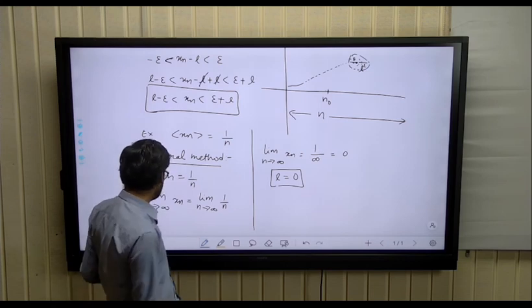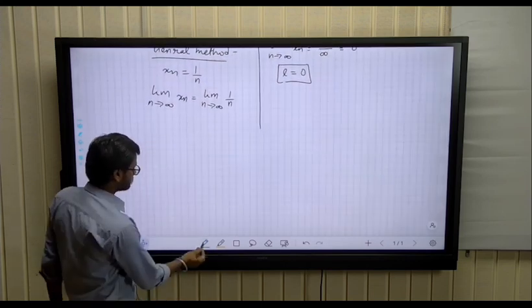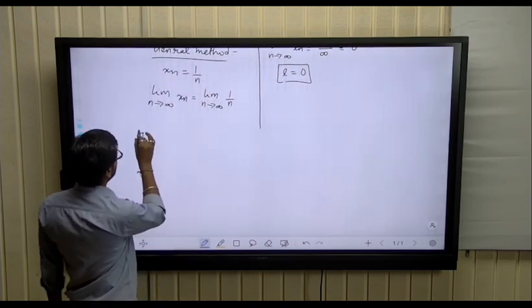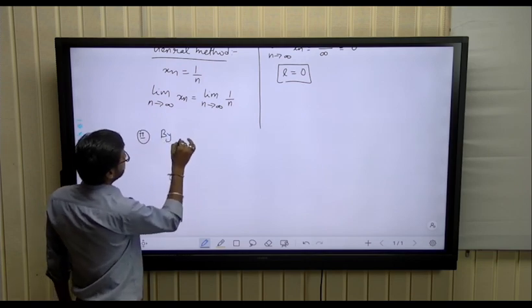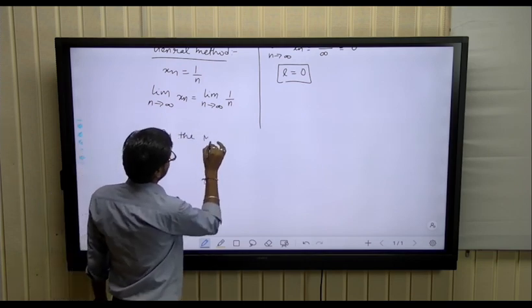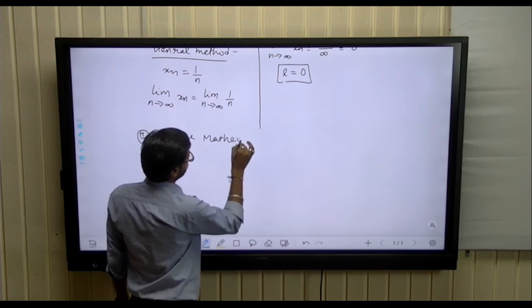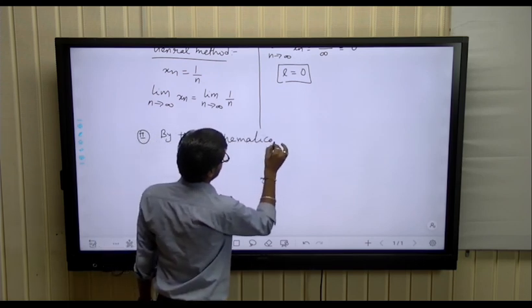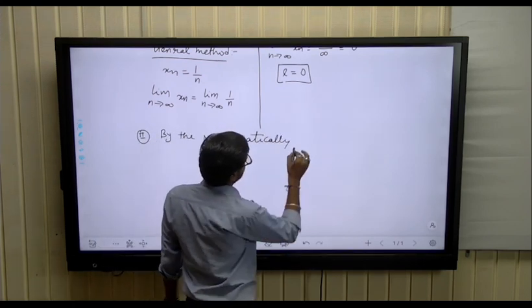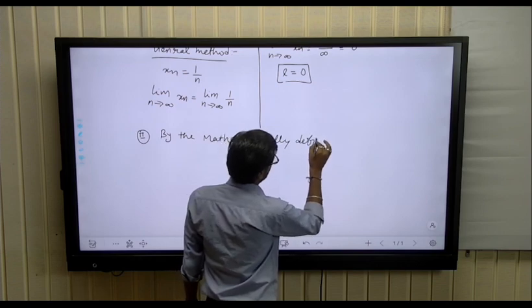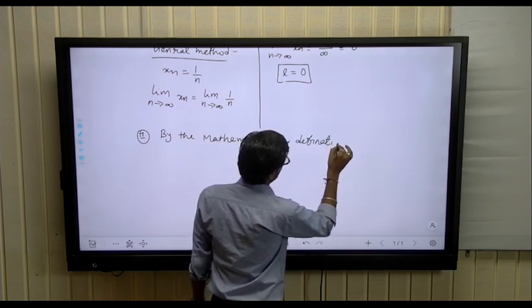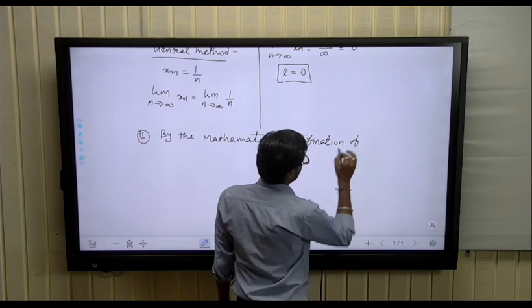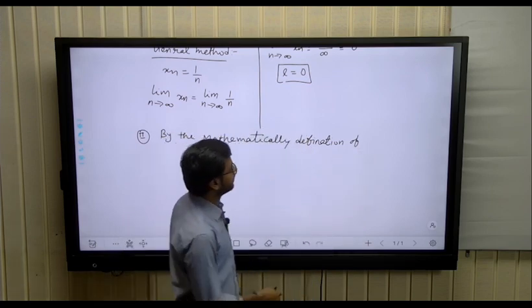Now the second method of finding the limit is the mathematical definition of limit.